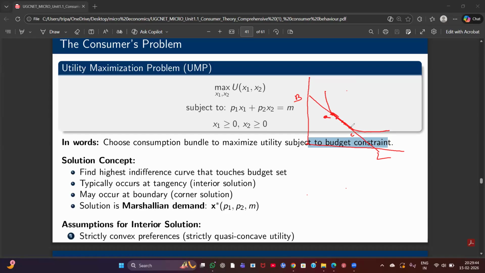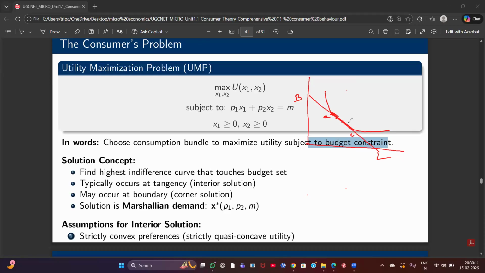For these prices P1 and P2 and money income M, any such point will be my equilibrium point. Given the price, I am getting more than one demand quantity. In that condition, demand will not be a function; we call it a demand mapping. So the solution is not unique.